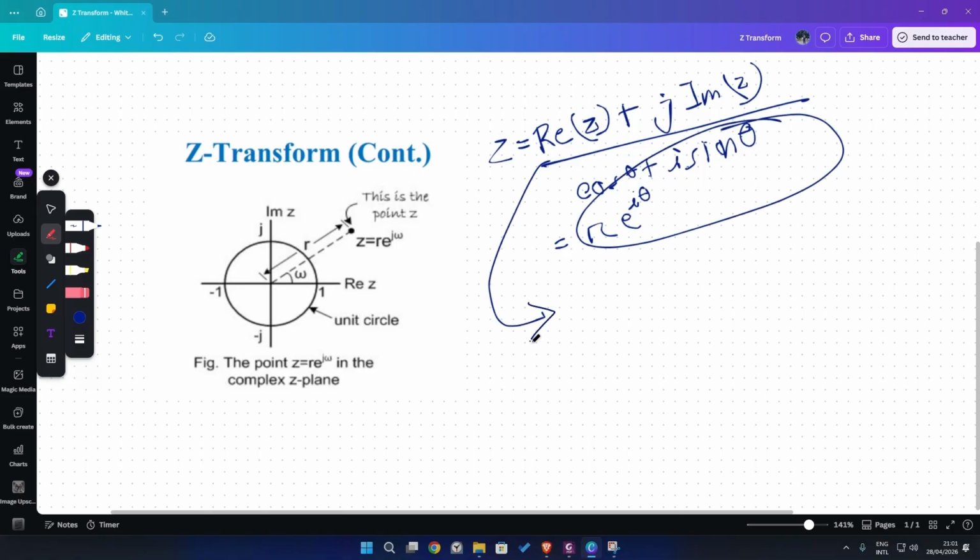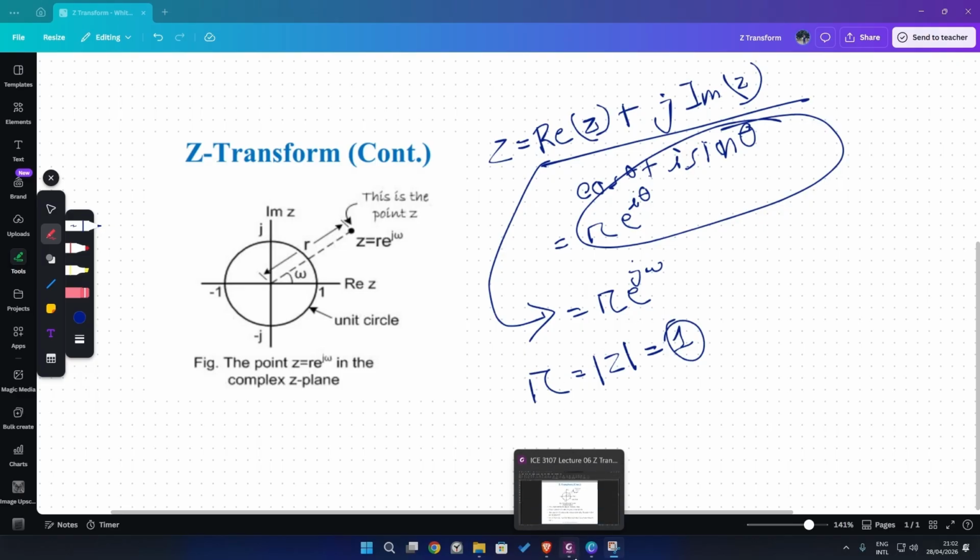By using the formula, we can also represent this as r e^(j omega). Here r is the radius, j is the imaginary unit, and omega is theta, the angular frequency or angle of z to be exact. So here r is equal to the modulus of z. So what is the magnitude of z? 1. The magnitude of z is 1. That's why it is called the unit circle.